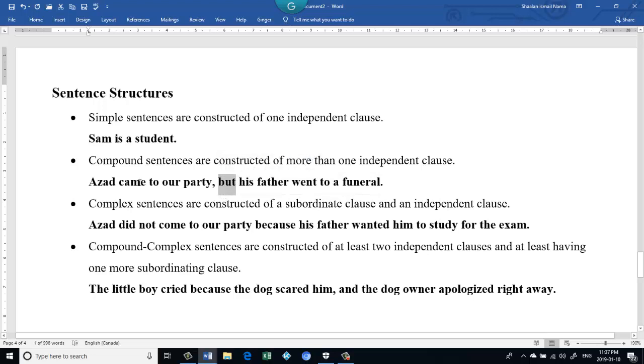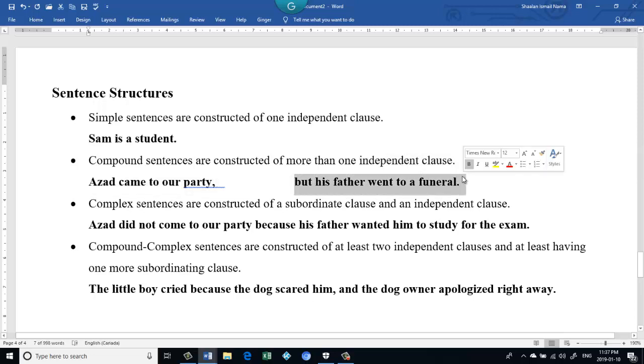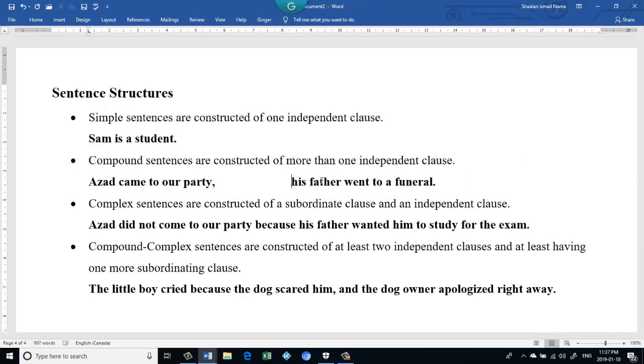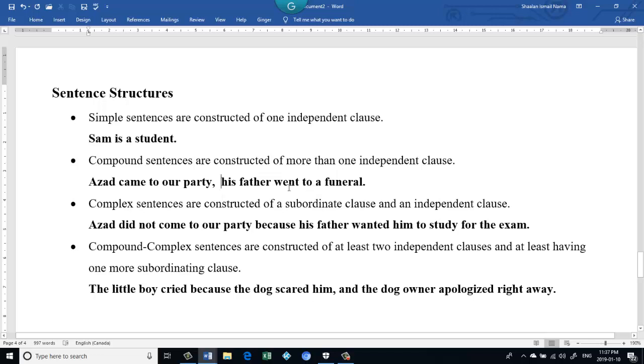Then we have Azad. If we leave the sentence like only this part, then we say, but his father went. Why? We need to know more information, because we have here but in front of the sentence. If we delete this, it's not accepted because we will have a run-on sentence.